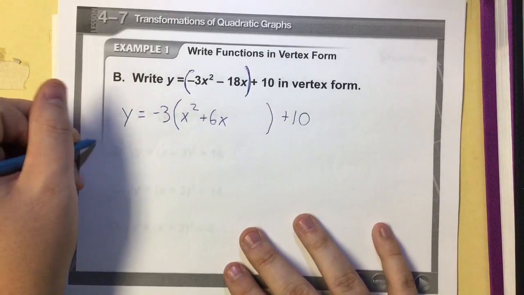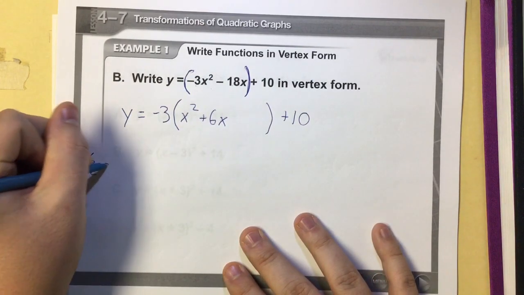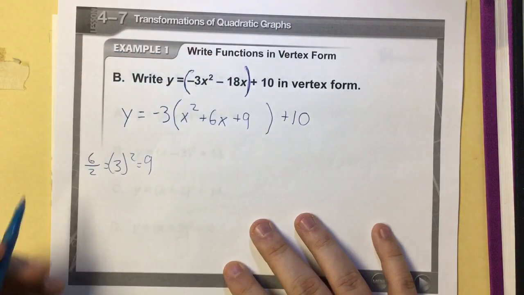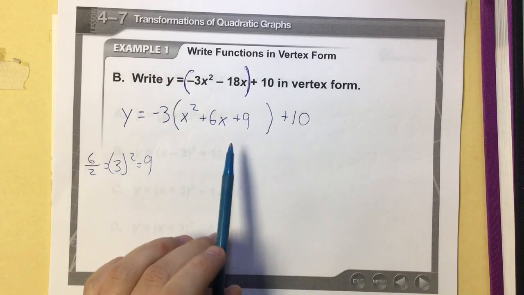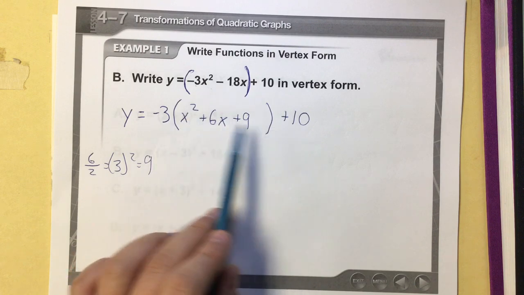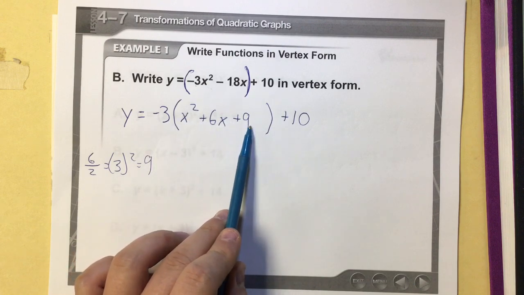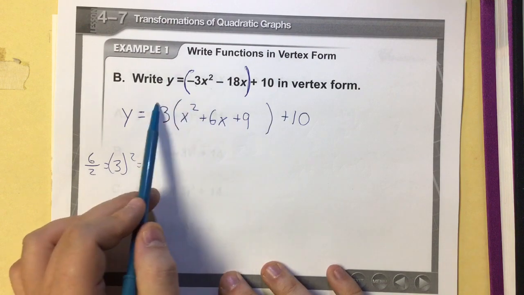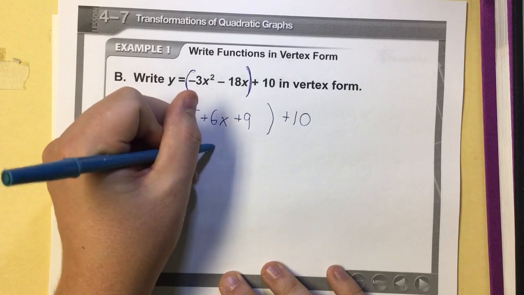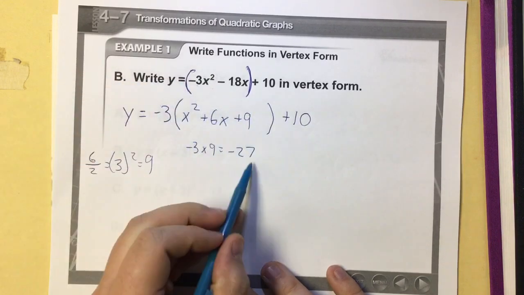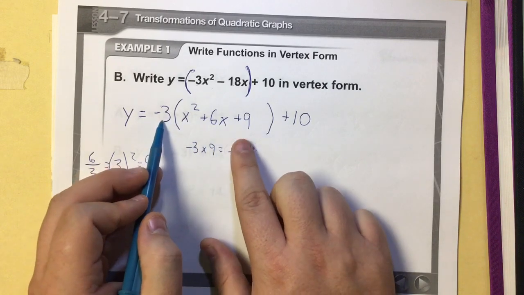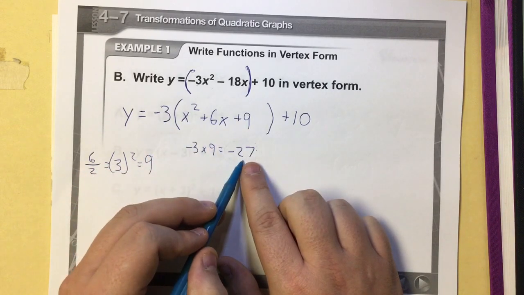Now I'm going to do my completing the square. B is 6, 6 over 2 is 3, 3 squared is 9, so I'm going to add 9 here. Okay, so I've added 9, but that 9 is inside of this parentheses. So I haven't actually added 9 to this side. If I distribute that -3, I have actually added -27, since if I distribute that -3, I get -27.